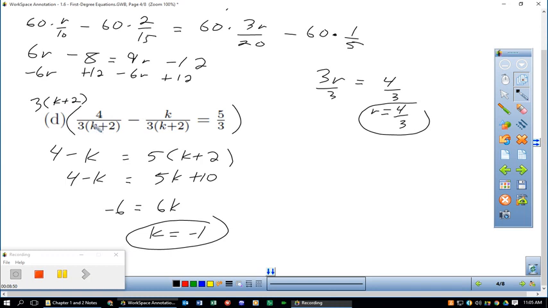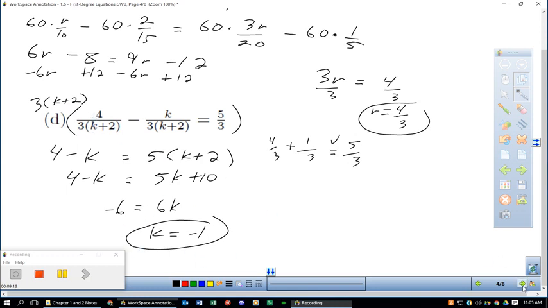So if I plug negative 1 in here, this turns into 4/3. Okay, right here it's minus a negative 1, so plus 1 over 3 equals 5/3. And in fact, that is a true statement back from elementary school. So we know that this works out.